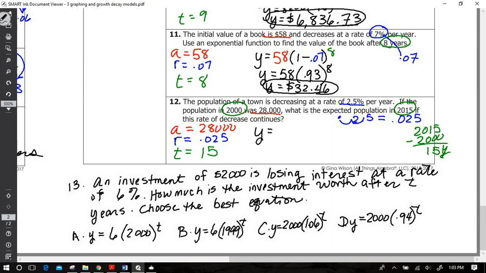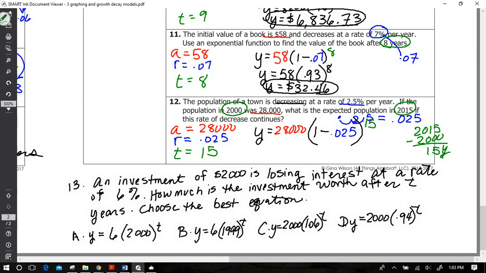Y equals 28,000 times, because it is decreasing, I will use 1 minus 0.025, and that will be raised to the 15th power.